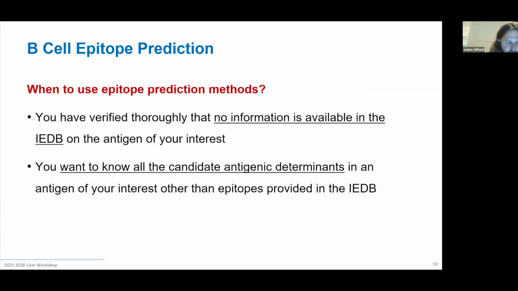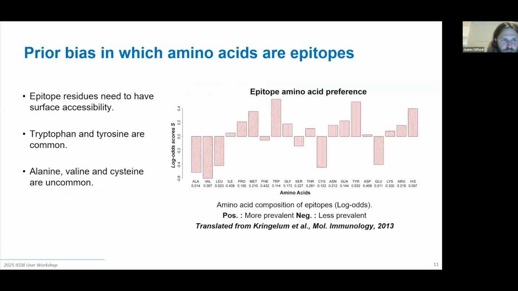For predicting these epitopes, we actually do have some idea of the physical-chemical properties of which residues are epitopes. One common feature that occurs a lot is surface accessibility. That makes a lot of sense, because you cannot have an antibody interacting with residues which are not on the surface.